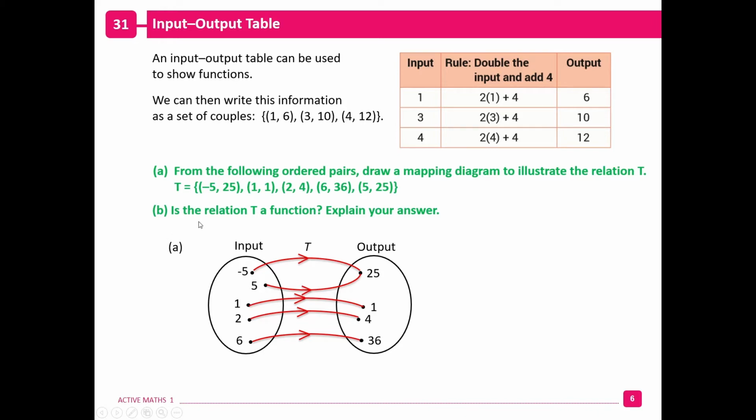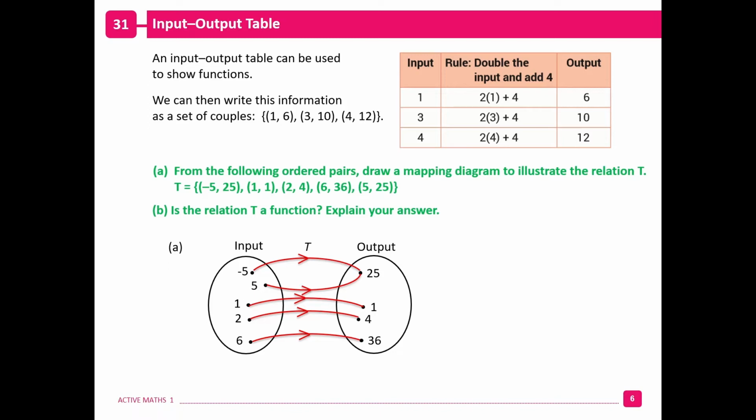Part B asks us, is the relation T a function, and explain your answer. So let's check some of the important pieces of information. Does every input have an output? Well, as you can see, there is an arrow from every input to an output, so it meets that first requirement.